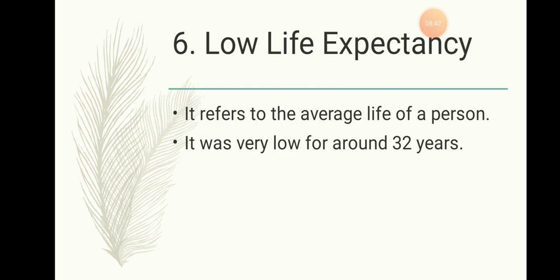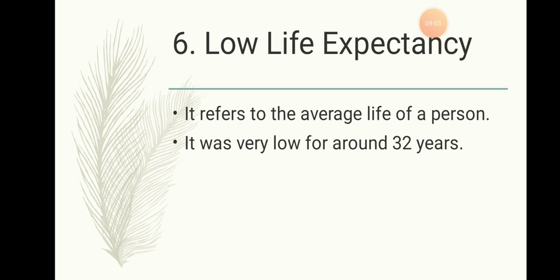Okay, now the next thing is the low life expectancy. Life expectancy means how long people live. Earlier, on the eve of independence, the average age was only 32. But currently, in the year 2019-2020, the average life expectancy is 68 years.